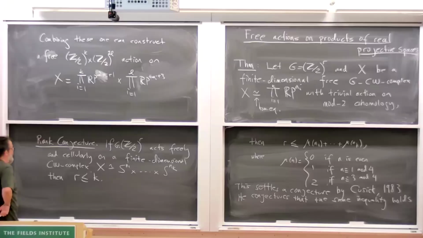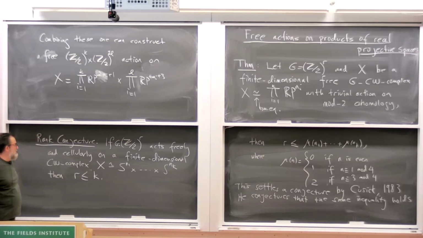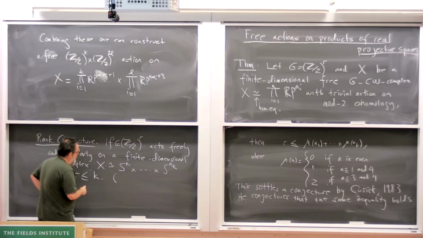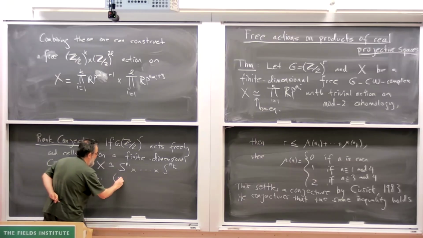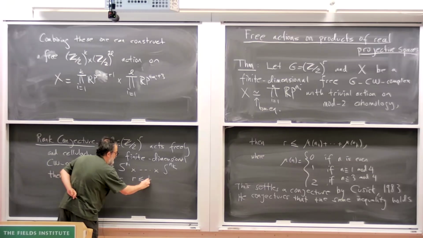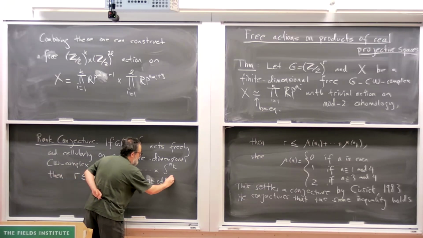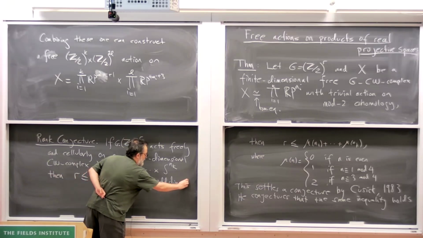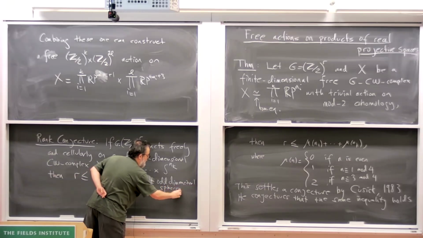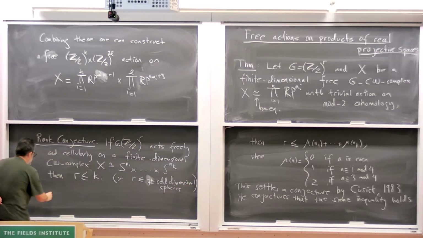It has been around quite a long time, and many people had partial cases proved of this. Recently, there is a sharpening of this: you can also try to prove that it is less than the number of odd spheres, odd dimension spheres. So this odd dimension spheres version was stated by Bernhard Hanke, maybe earlier by other people as well.